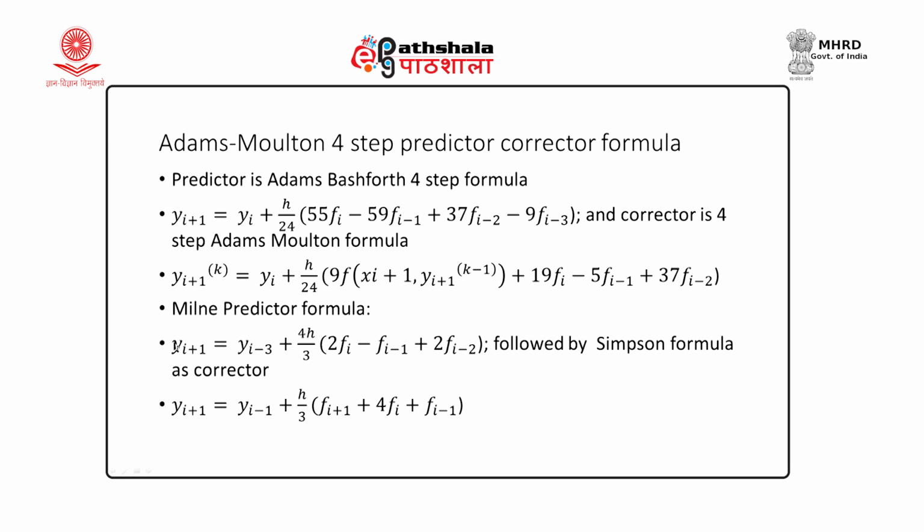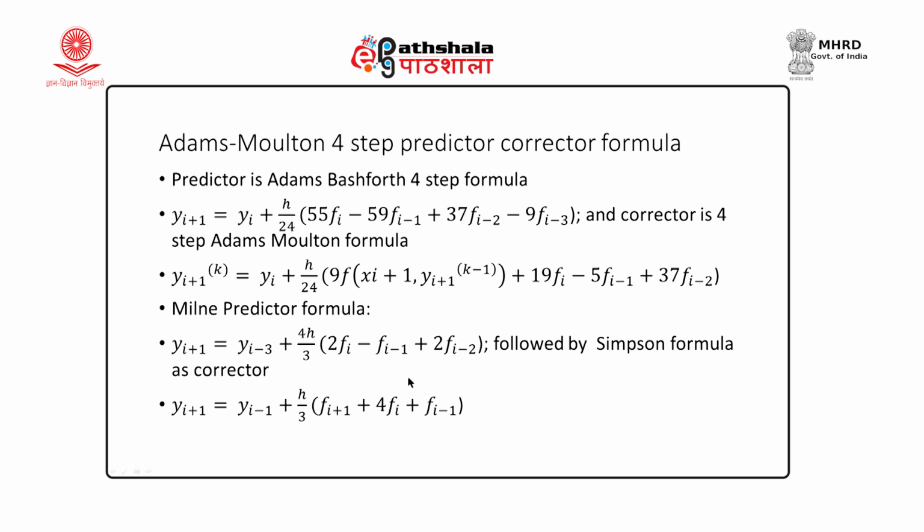Now, similarly, the more convenient one is the Milne predictor formula: yi plus 1 is yi minus 3 plus 4h by 3 times 2 fi minus fi minus 1 plus 2 fi minus 2. This is the predictor, and the corrector is nothing but Simpson's 1/3 formula which we learned in numerical integration: yi plus 1 is yi minus 1 plus h by 3 times fi plus 1 plus 4 fi plus fi minus 1, and the same technique is used.